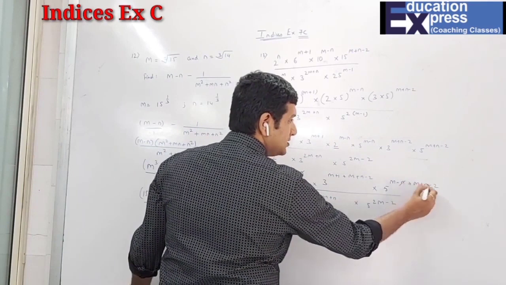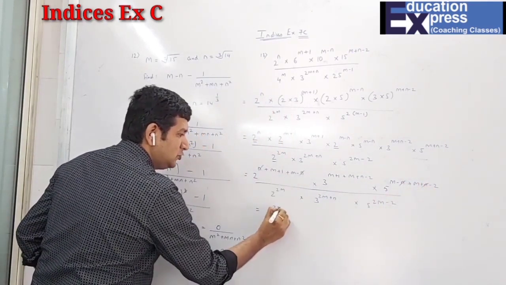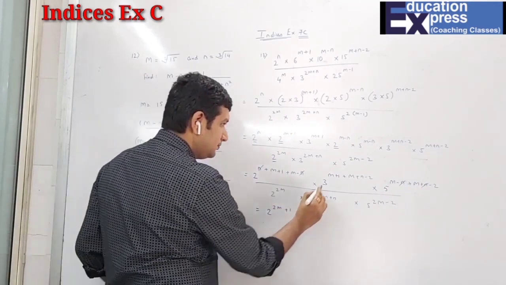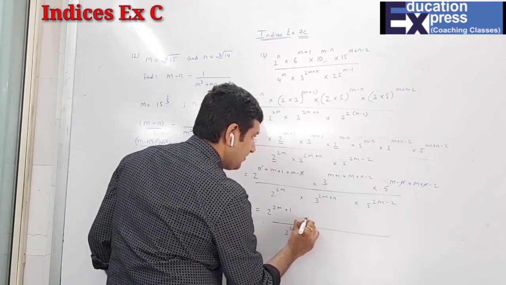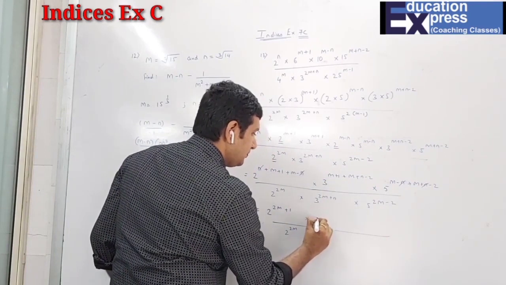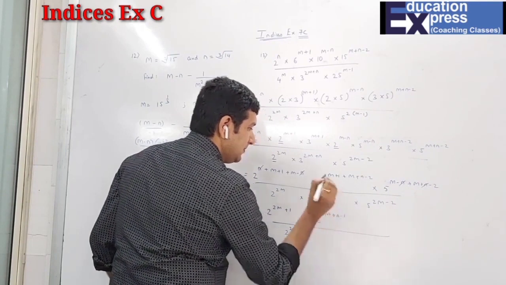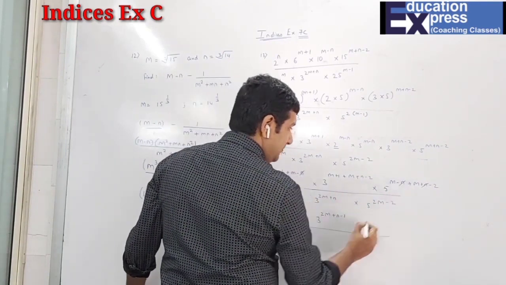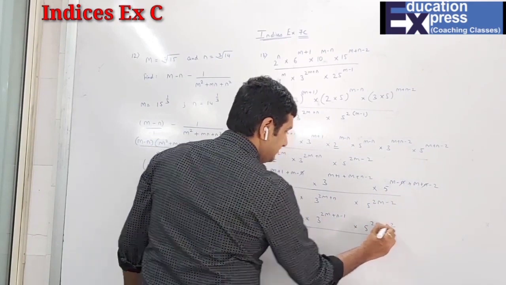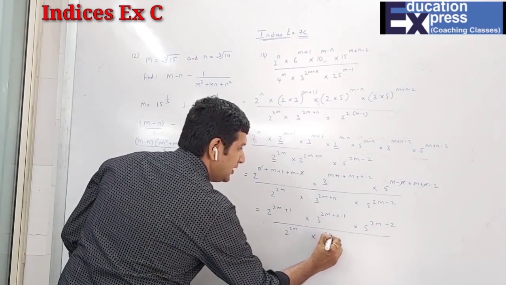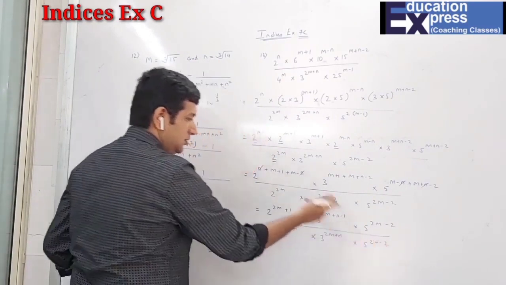And here minus n. So 2 raised to 2m plus 1, 3 raised to 2m plus n, 1 minus 2 is minus 1, and 5 raised to 2m minus 2. Now students, you can check over here. Each and every term over here is a monomial.